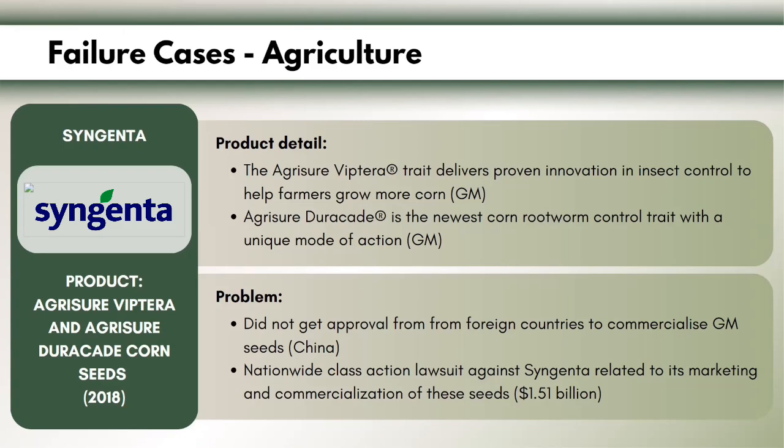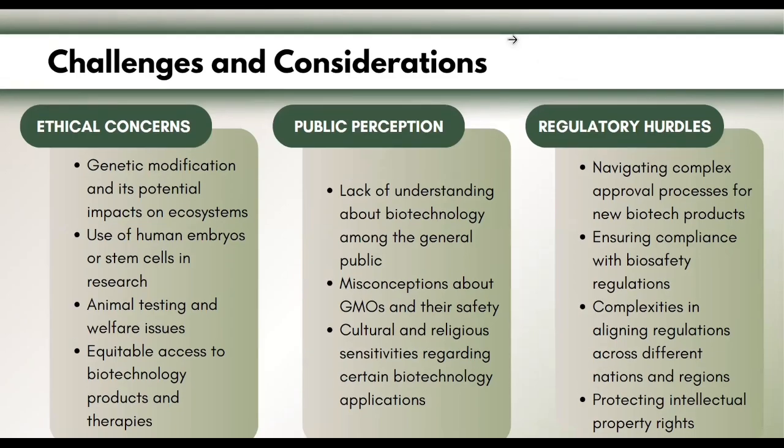So next, I'm going to explain the challenges and considerations for commercialization in biotechnology. First, ethical concerns. Regarding genetic modification, there are ongoing global debates about the long-term ecological impacts of GMOs, particularly in agriculture. The concerns include potential effects on biodiversity, unintended consequences on non-target organisms, and the development of pesticide-resistant insects.